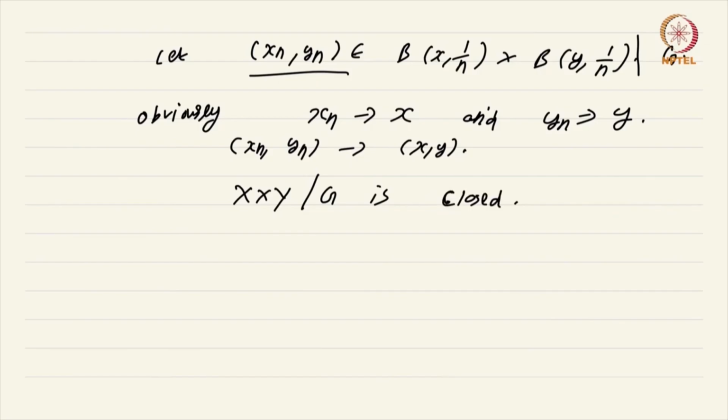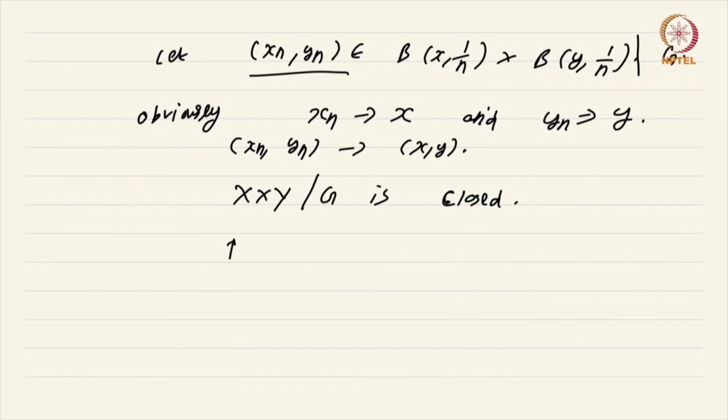Okay, so X Cartesian product Y set minus G is closed, but we have just seen that xn yn is a sequence in X Cartesian product Y minus G. Remember, because that's the way we have chosen this sequence xn yn.